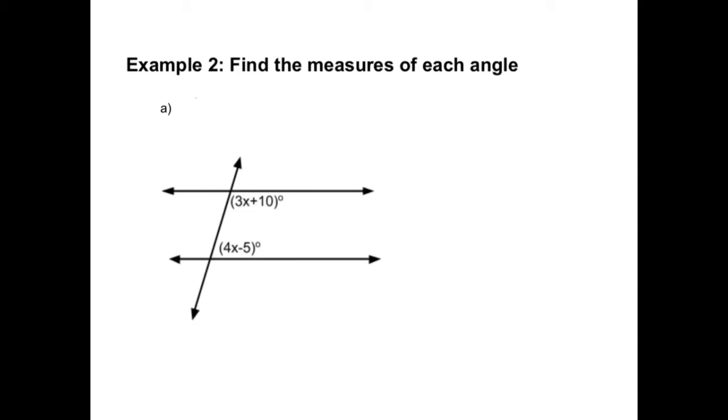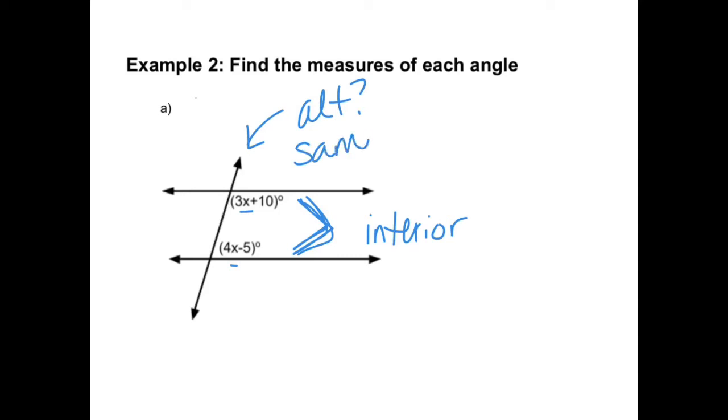So in this one, we are finding the measures of the angle, but we can't find the measures of each angle without first finding the x value, because we don't have enough information for this. So we need to figure out what sort of relationship these angles are. And just where I'm putting this arrow, we can see that it's definitely interior, but the question is, based off of this transversal here, are they alternate or are they same side?